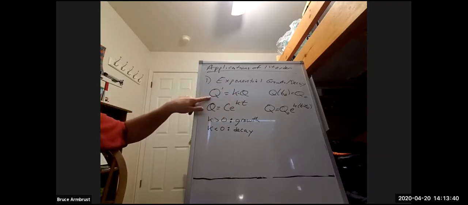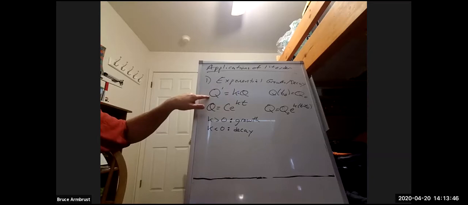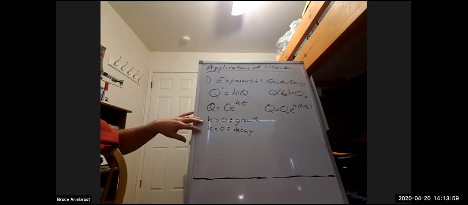If K is positive, that means our quantity is growing because we have a positive slope, a positive derivative. Whereas if K is negative, then we've got a decreasing function because of the negative slope. So that all makes sense, and it all matches no matter where we look at that K.